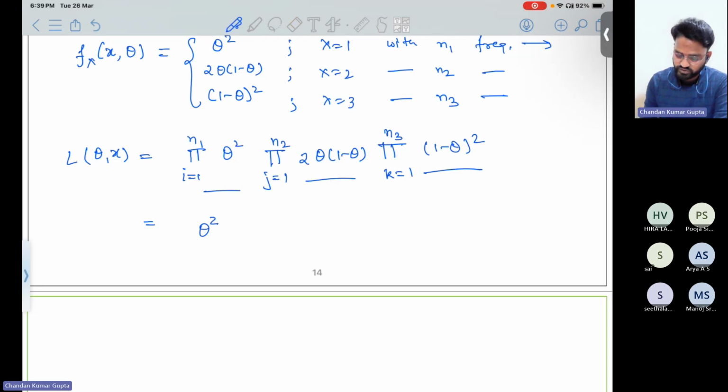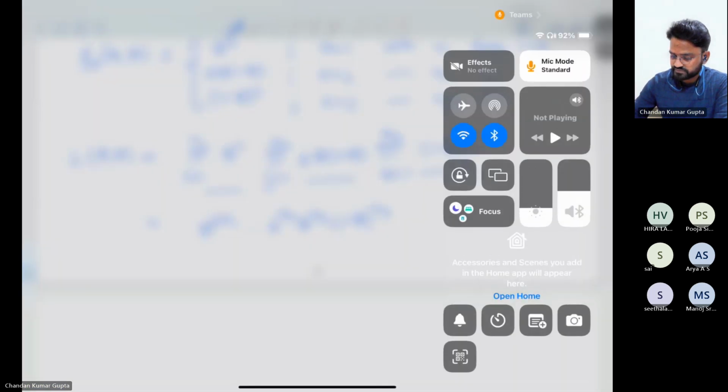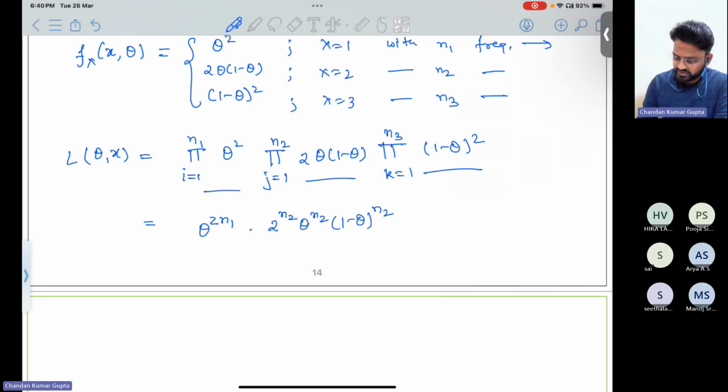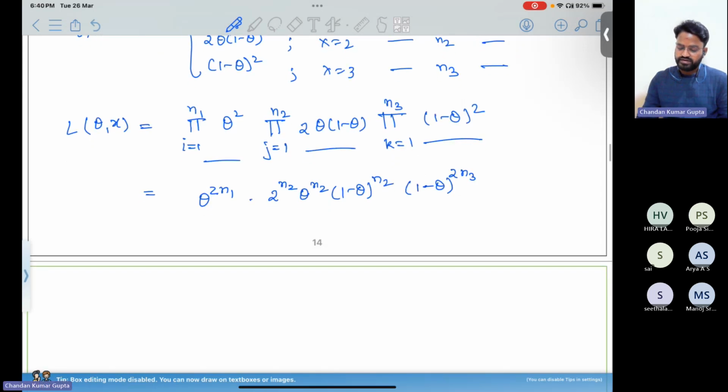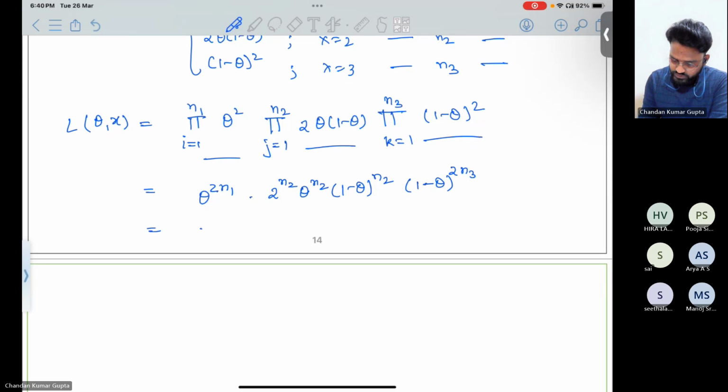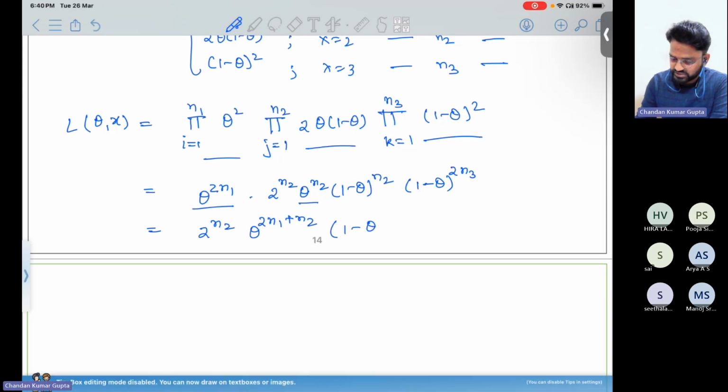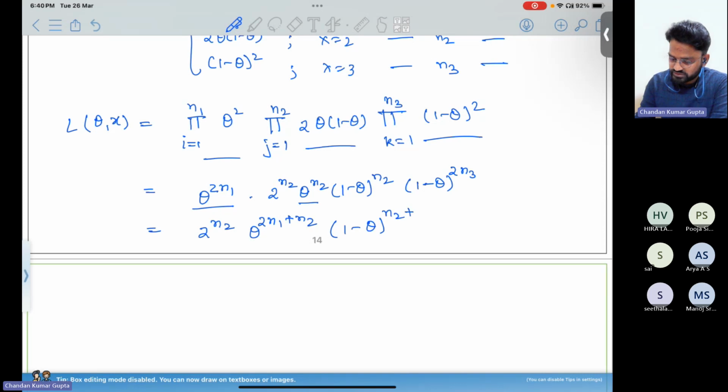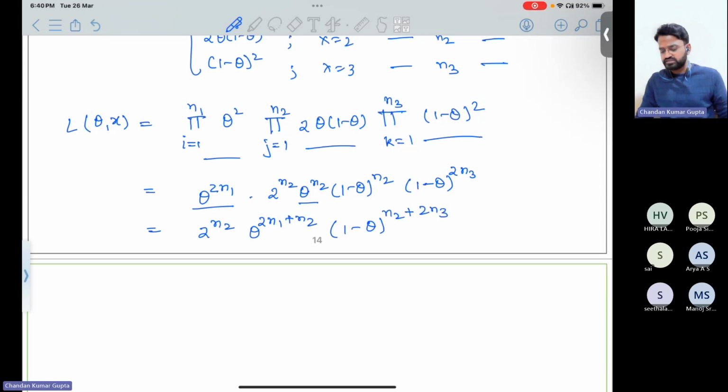So it is theta square to the power n1, into twice to the power n2, theta to the power n2, 1 minus theta to the power n2, and the third one is 1 minus theta to the power 2n3. So it is theta to the power 2n1, theta to the power n2, written as theta to the power 2n1 plus n2, and 1 minus theta to the power n2 plus 2n3. Can we write it like this?